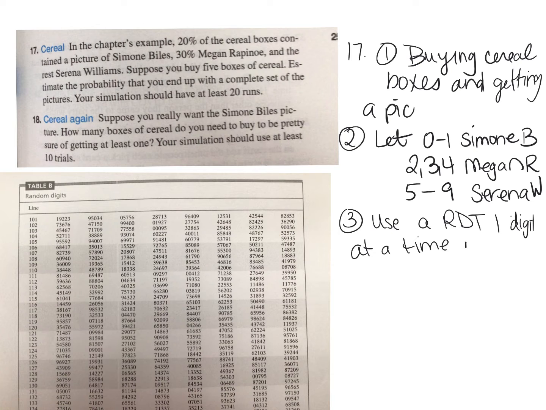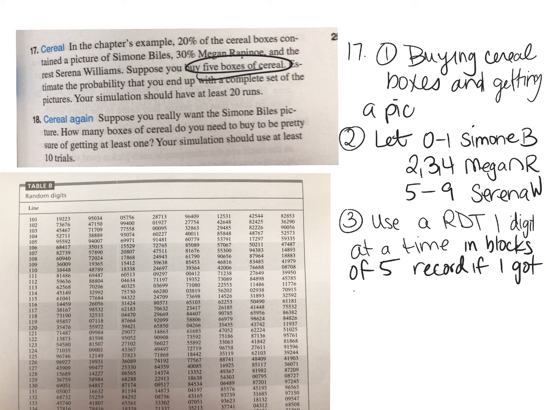In blocks of 5, because it says I buy 5 boxes of cereal, right? And we're going to record if I got a complete set or not. It's not how many cards I got, it's did I get one of each athlete? Okay.